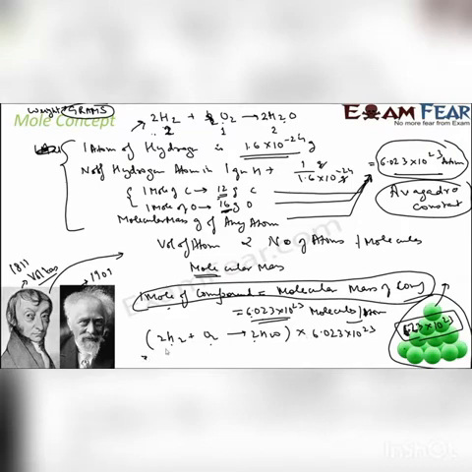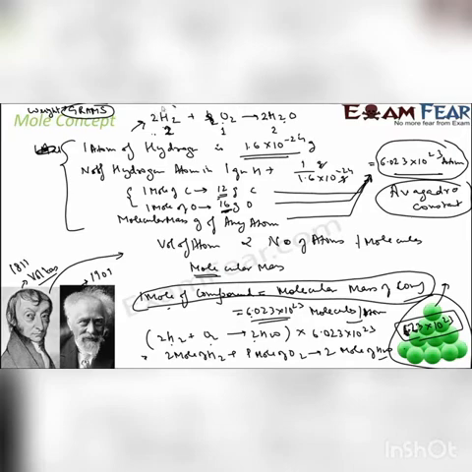So this number into 2 is 2 moles of hydrogen, this number into 1 is 1 mole of oxygen, and this number into 2 molecules of water is nothing but 2 moles of water.